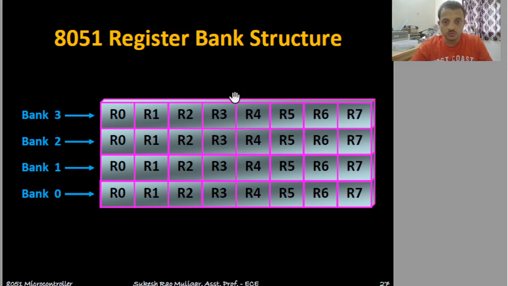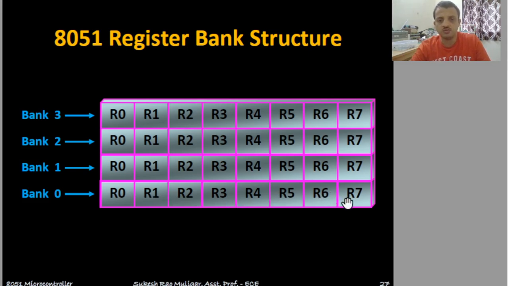Moving further, let's look into what the register bank structure actually is. As I mentioned, register bank 0 contains 8 registers. What are the names of the 8 registers? It is R0, R1, R2, R3, R4, R5, R6 and R7.